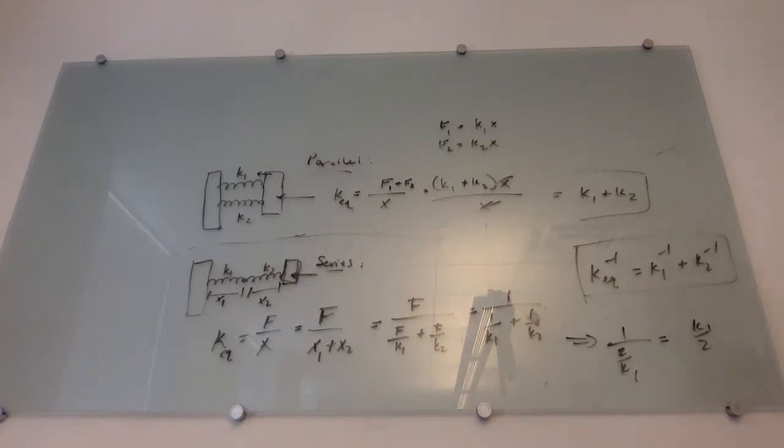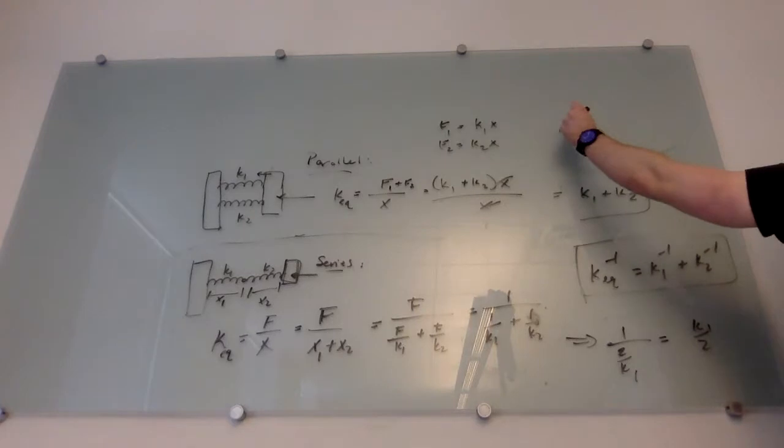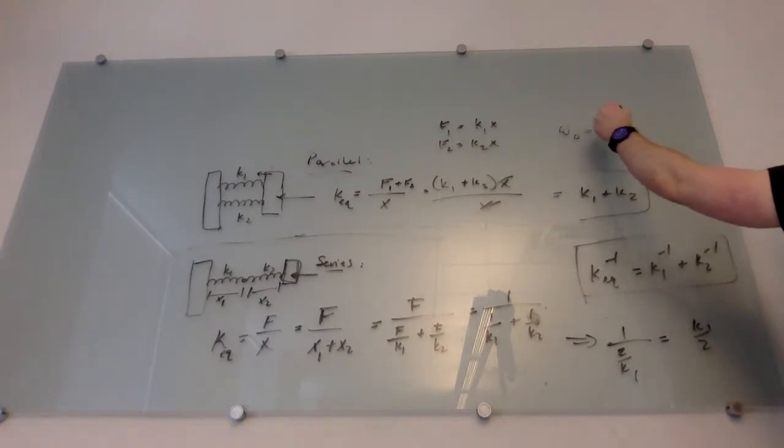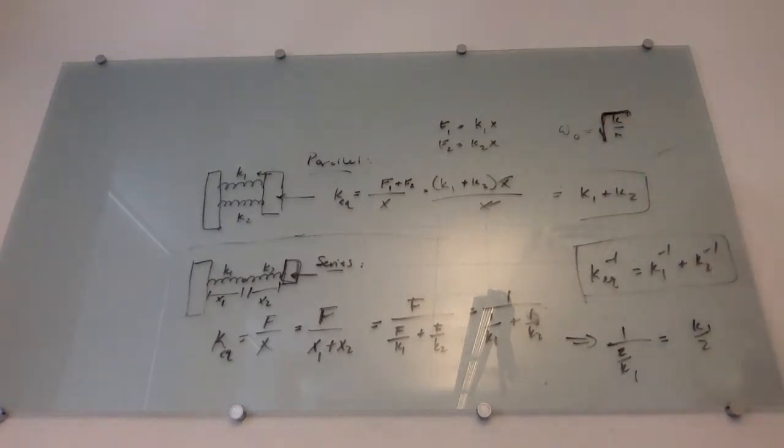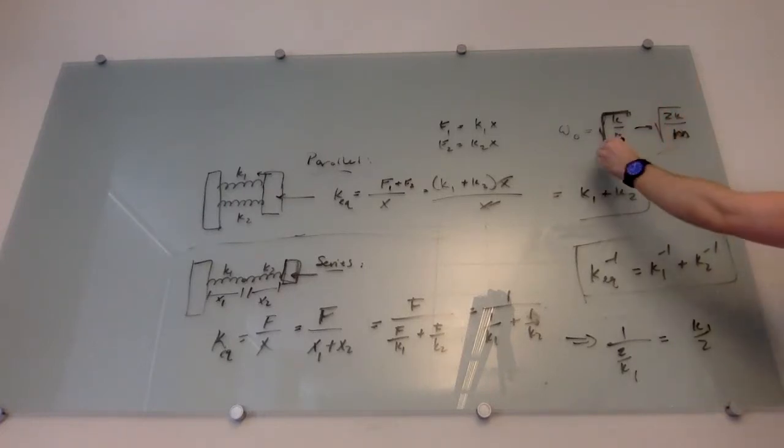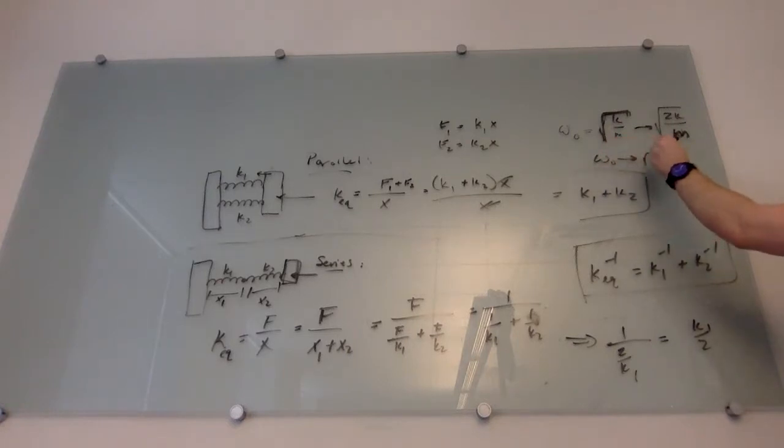So that's springs. Once we have this, we can just plug it in for omega naught. If they said you have one frequency for a spring, and now you add another spring in parallel with it, what happens? K will go to 2K over M, and so omega naught goes to radical 2 omega naught.